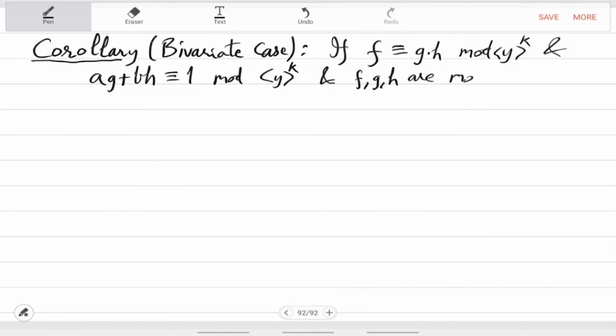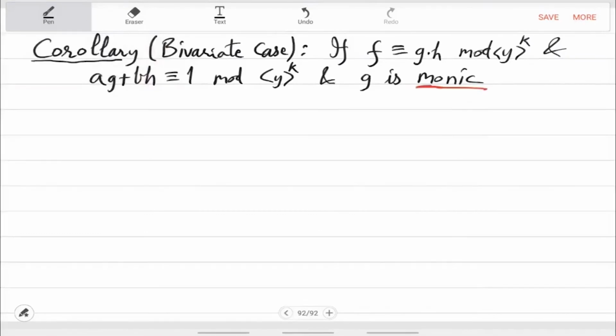Actually, I don't need everything monic, just g is given to be monic. So that is the key new thing we want to study: what happens to a monic factor, right?